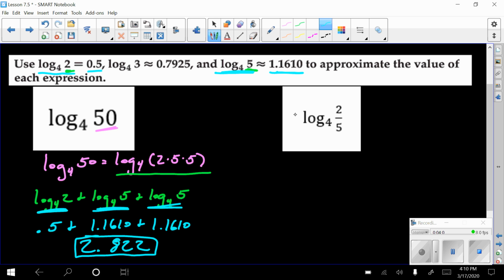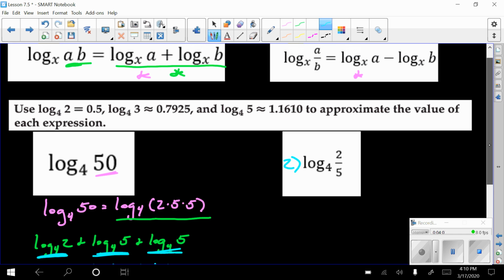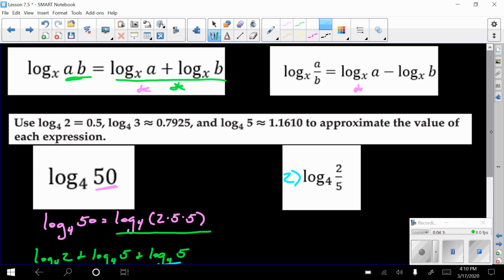The second one, log base 4 of 2/5. Initially, this one looks like it uses division. If I see division right from the start, that probably means I'm going to need this property over here. What it says is if I have division, I'm going to separate it into 2 logs with subtraction.